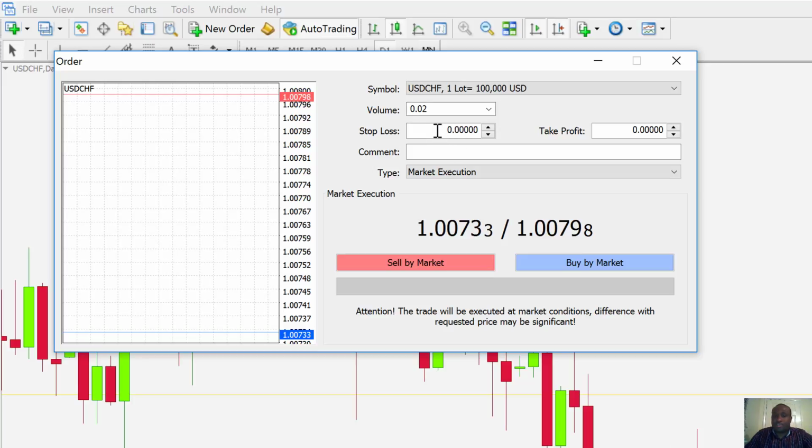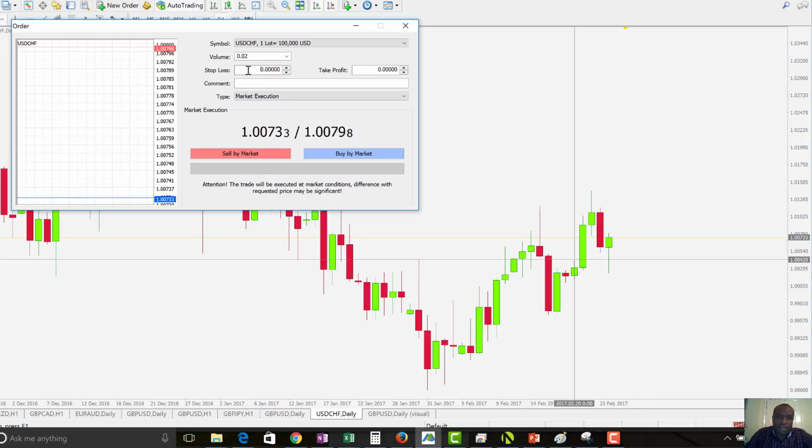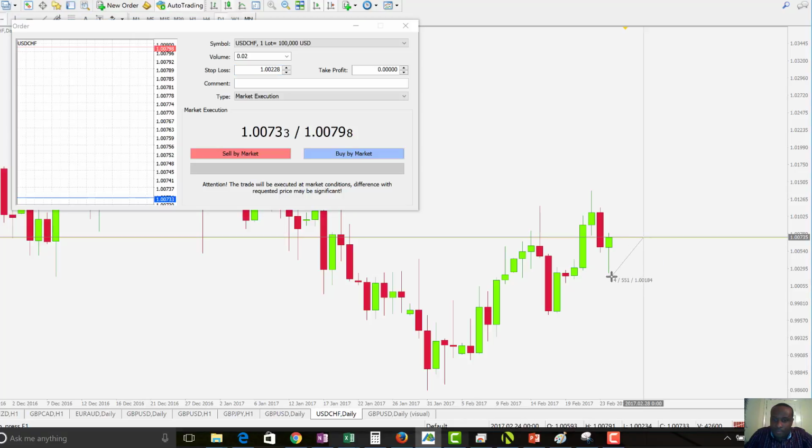I select the stop loss, and just for illustration purposes, for a buy trade, the stop loss can be here, which is 1.00228, and I'll just enter that figure there. And I can decide to put the take profit. 1.00228 is about 52 pips.